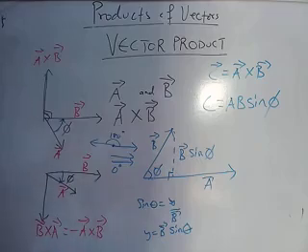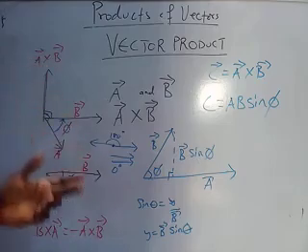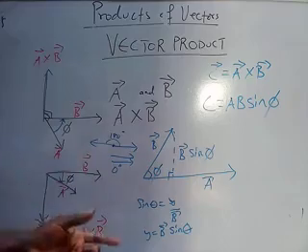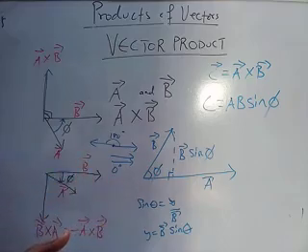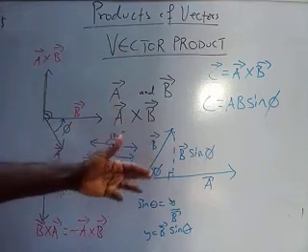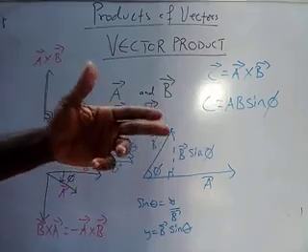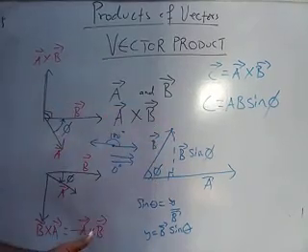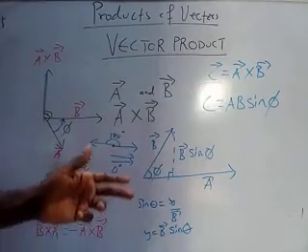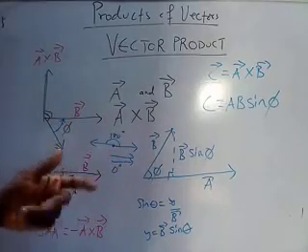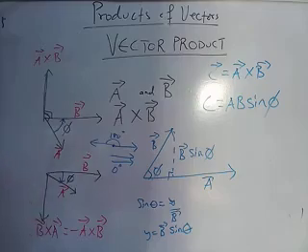So let's proceed. Sine phi is greater than or equal to 0, and it's never what? Negative. As must be the case for what? Vector magnitude.